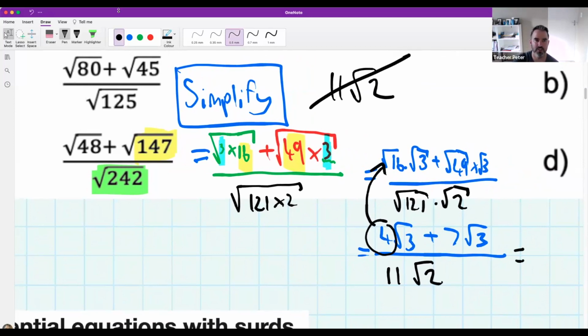And I'll use some highlights to point you in the right direction, but I'm not telling you anything. Well, actually, hold on. I suppose I should be highlighting the like terms. What's my final answer going to be?